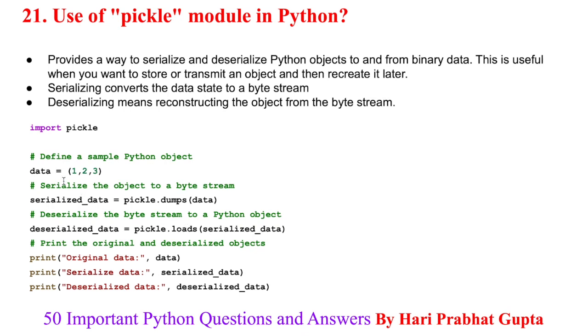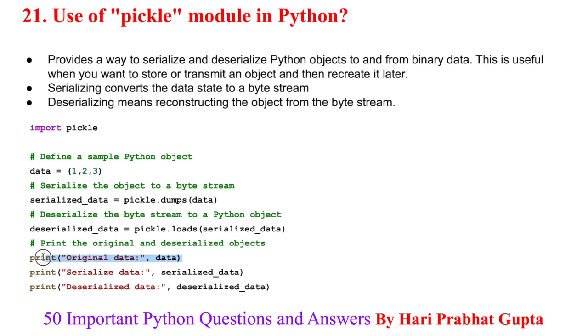Here in this example, a sample Python object data is defined as a tuple 1, 2, 3. Then pickle.dumps on the tuple that we have defined serializes the object to a byte stream, which is stored in a variable named serialized_data. Finally, pickle.loads on serialized_data deserializes the byte stream back to the Python object at the receiver side, which is stored in the variable deserialized_data.